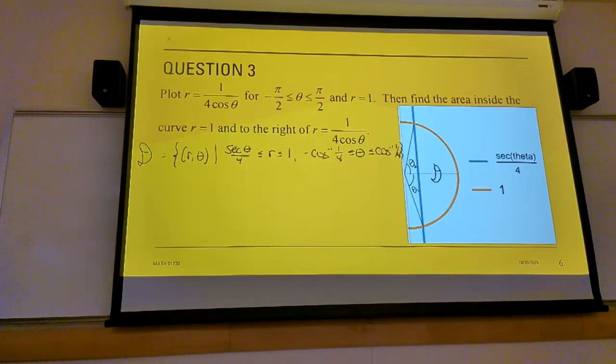So area is that integral, those are the bounds, and then dA is r dr d theta. There is our setup. Now it's just a matter of evaluating it.